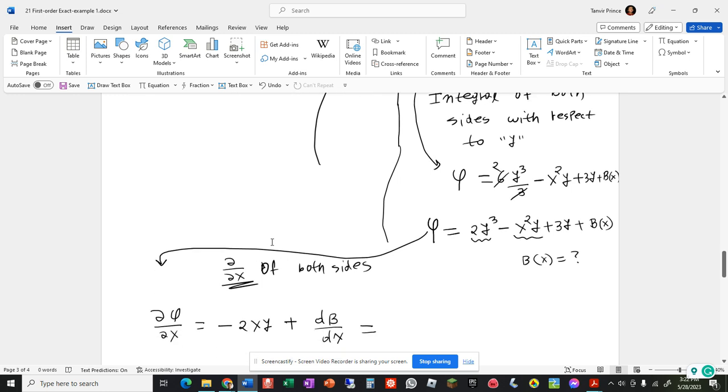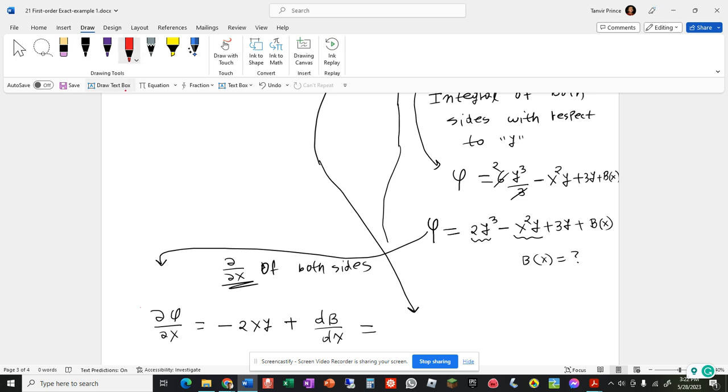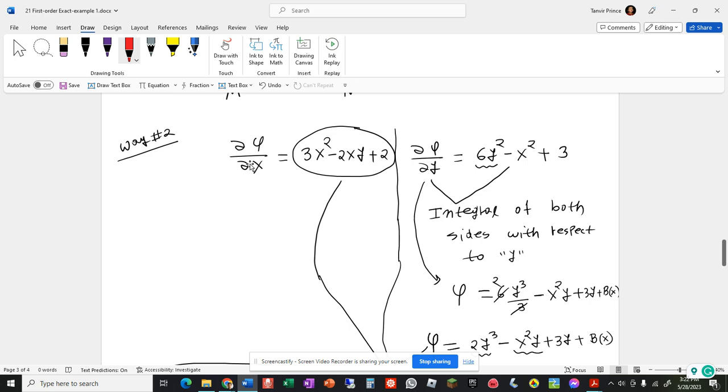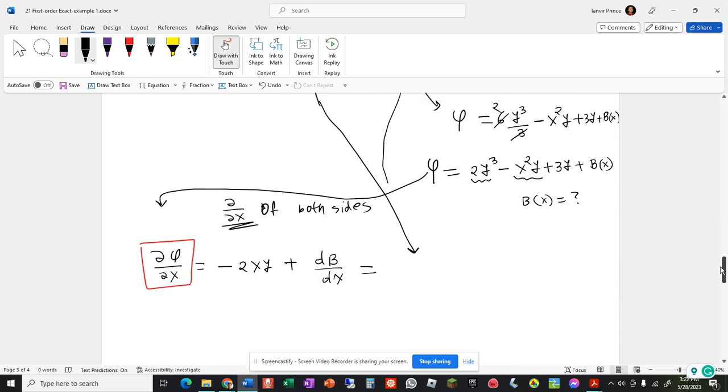So this is supposed to be equal to that, right? They are both the partial of phi with respect to x, so they're supposed to be equal to each other. Let's write that down: 3x squared minus 2xy plus 2.